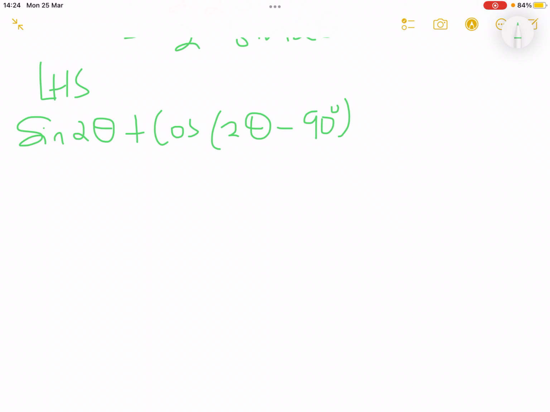What do I see here? I see a sine 2 theta, and I've already spoken about that double angle identity, 2 sine theta cos theta.